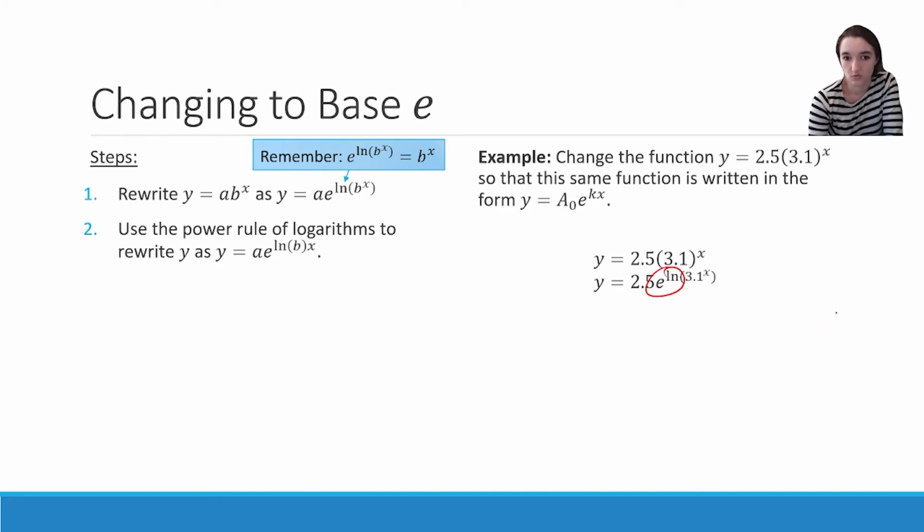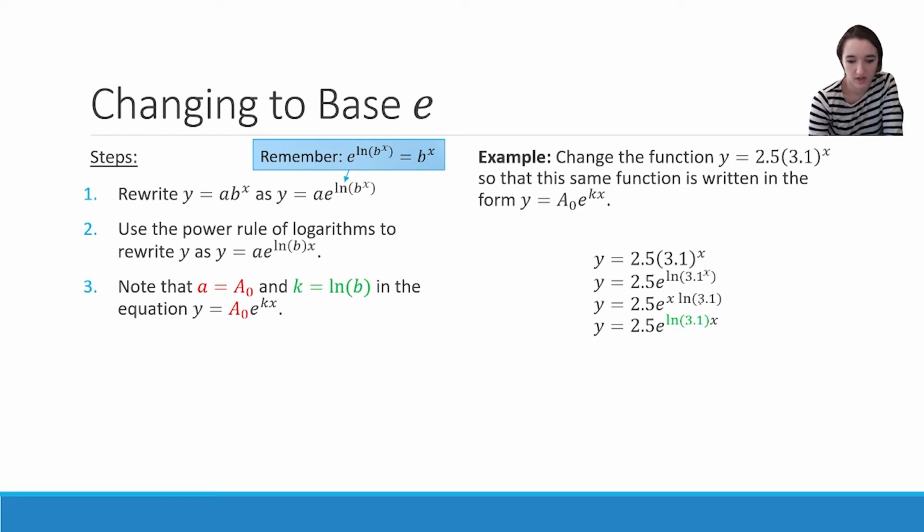Then we use the power rule of logs to rewrite it in a slightly nicer format. So this x can be moved outside, out front of the ln, like so. x ln of 3.1. ln of 3.1 is something I can plug into my calculator and get a numerical form for if we need it, or you can leave it as ln of 3.1 to be a little bit more exact.